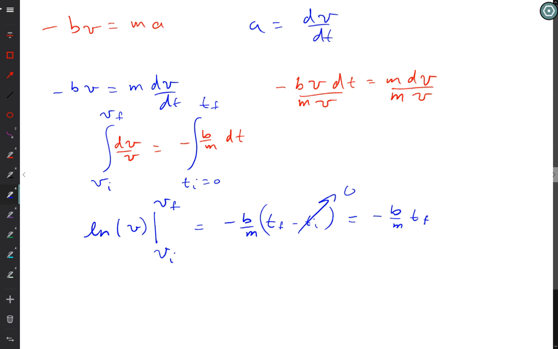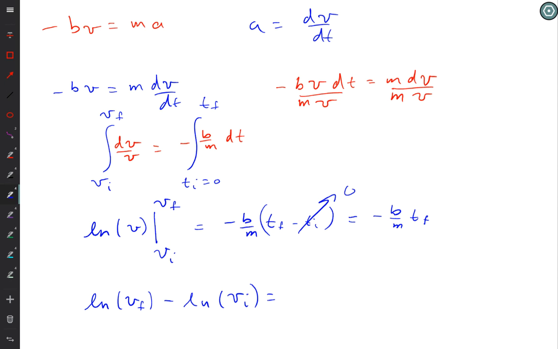So the left-hand side, I'll write it out in the long, explicit way. That's technically how you would put in the limits: put in the upper limit and then minus put in the lower limit.